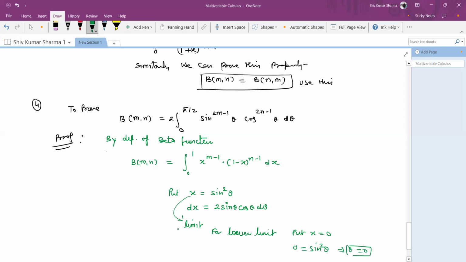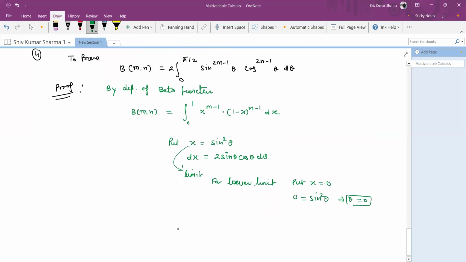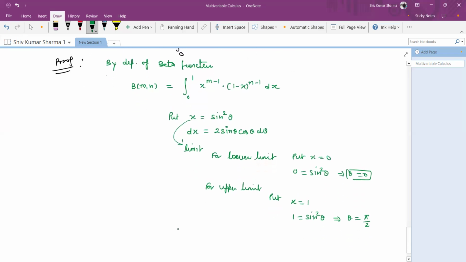So the lower limit becomes 0. For the upper limit, we put x is equal to 1, so 1 is equal to sin square theta, which means sin pi by 2 equals 1, so theta is equal to pi by 2.